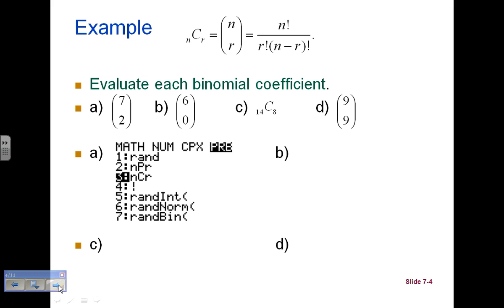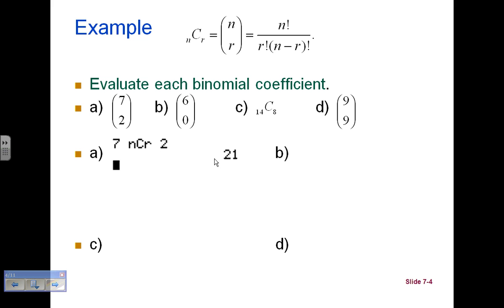And then you hit it, and 7 NCR 2 is 21. All right? Well, I hope that's what you got. For B, 6 choose 0. Well, I think there's only one way you can choose 0 objects. There's not a market on choosing 0.